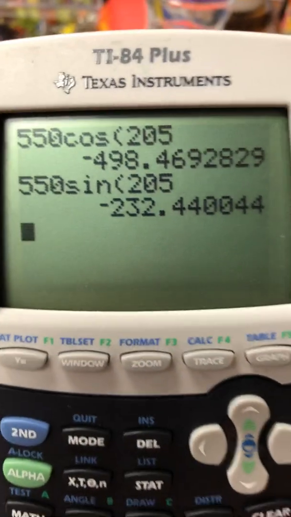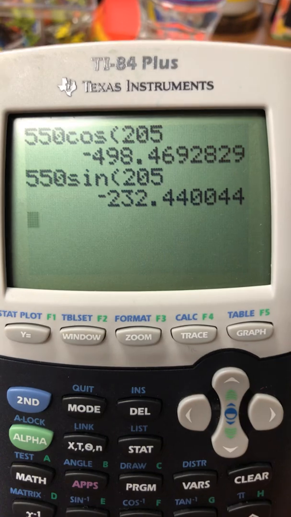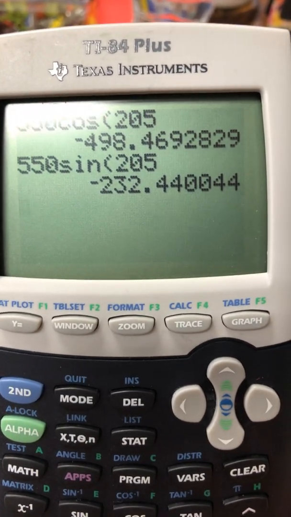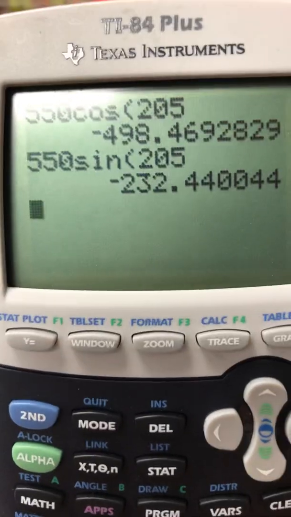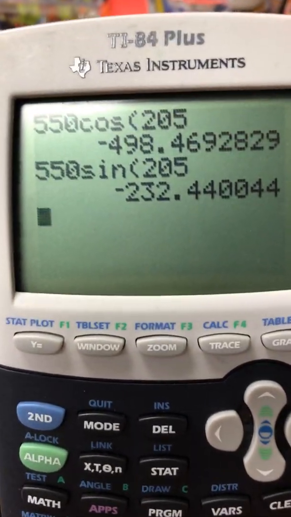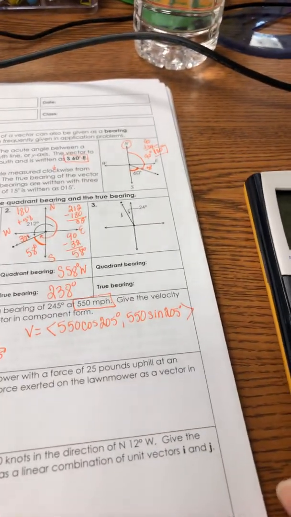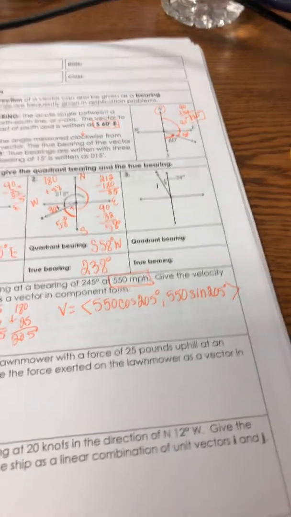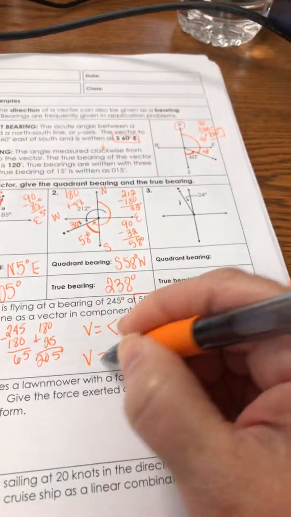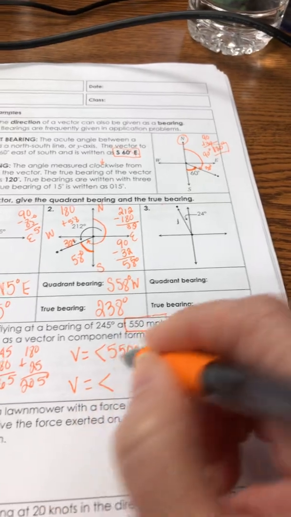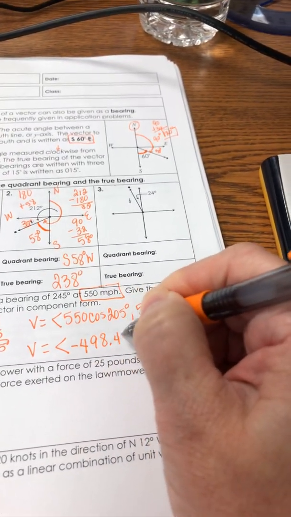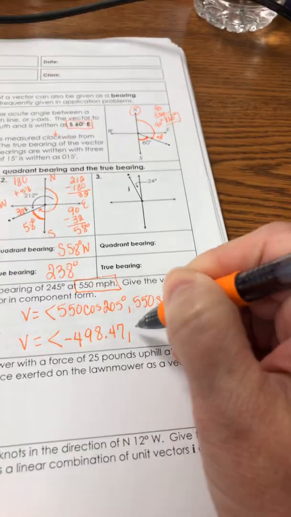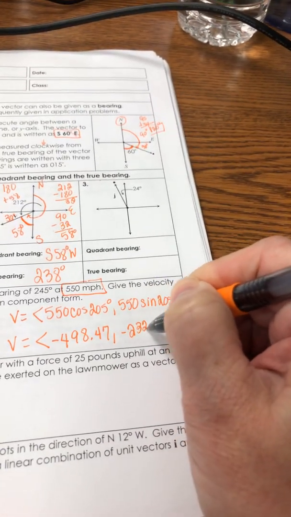The nice thing about this is that we do not have to worry about adding or subtracting any other types of values. Those are your two answers. Let's go ahead and take these, since it doesn't tell us any directions, and go 2 decimal places. So my vector is going to be negative 498.47, and then negative 232.44.